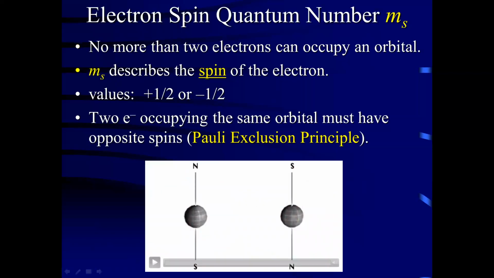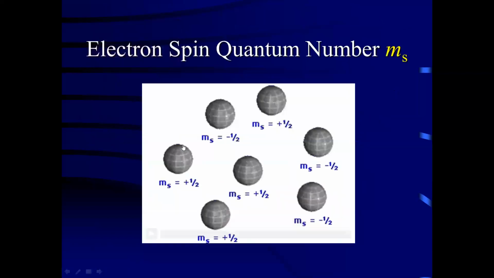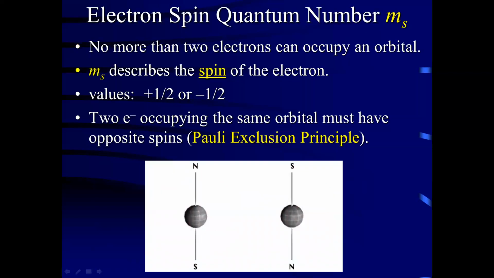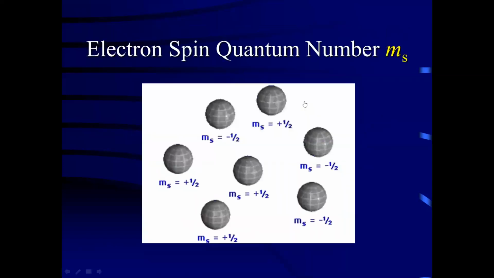According to that principle, either you have this kind of spin or you have that kind of spin. It's N up, S down, or S up, N down. So that means m_s has only 2 possible values, positive one-half or negative one-half. I will show you this video too.